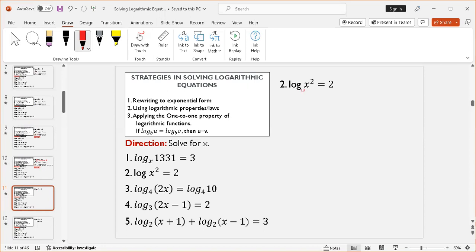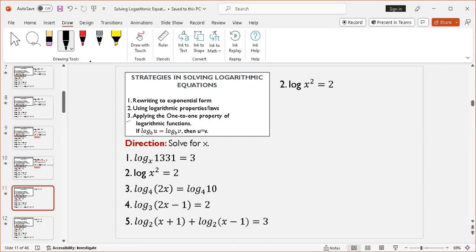Hindi na natin nilalagay yung base na 10. Okay? So how are we going to solve this equation? We cannot use the third strategy kasi isa lang naman yung expression. Nasa left side lang naman yung may expression na log. Okay? So, still, strategy number 1 yung gagamitin natin.